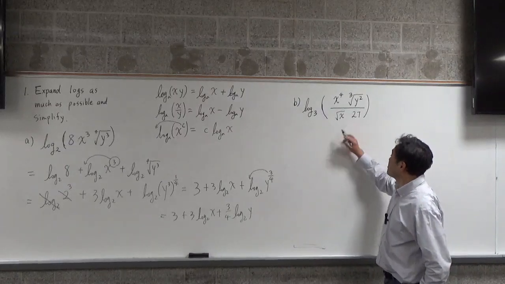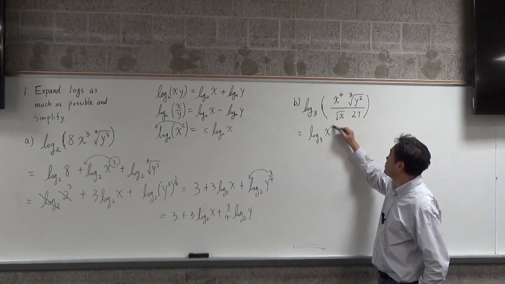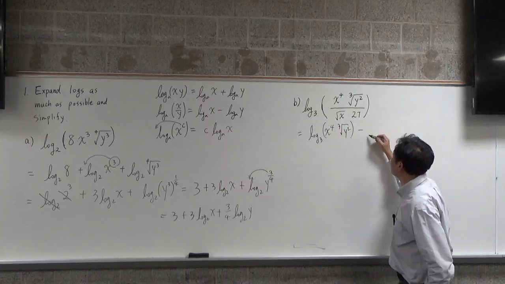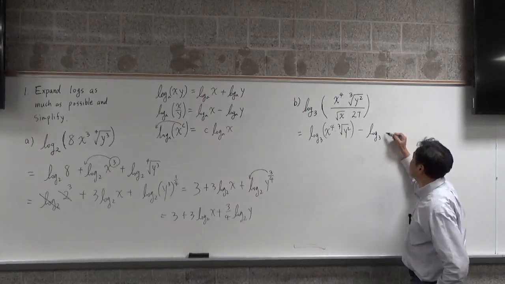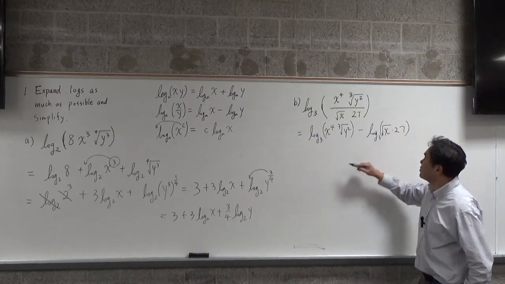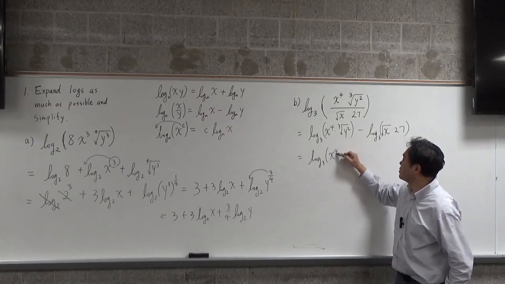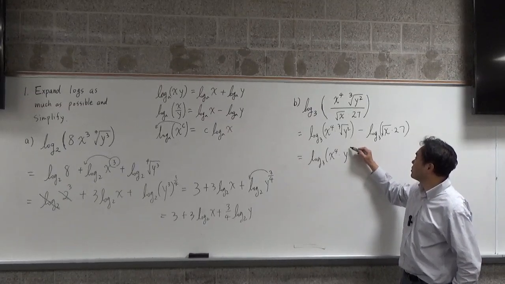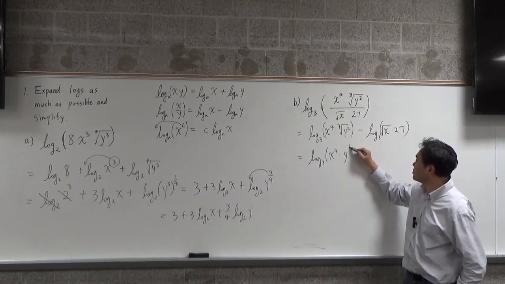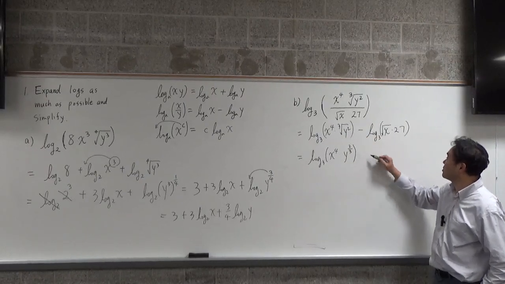So let's do something similar here. You have a division, so what do you do? You subtract, yes. So you subtract. And then you have, cube root is 1/3 power. So let me rewrite that as 2/3.